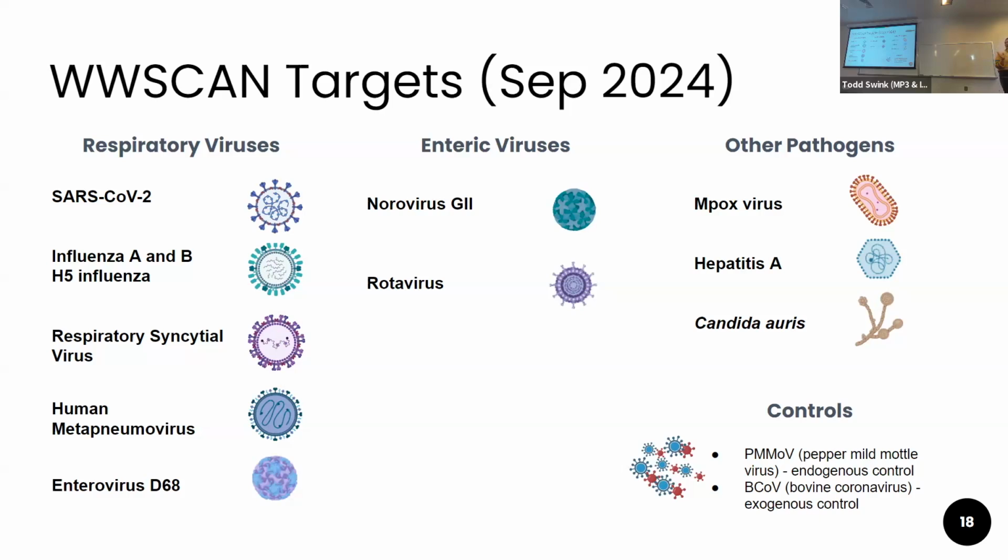The other thing is that we express all of our results in copies per gram dry weight of solids. So we're looking for these targets in the solid portion of wastewater. We settle out the solids and use those. And then we take a little piece of that and we dry it down so that we have a measurement of how much actual solid matter was in that sample.